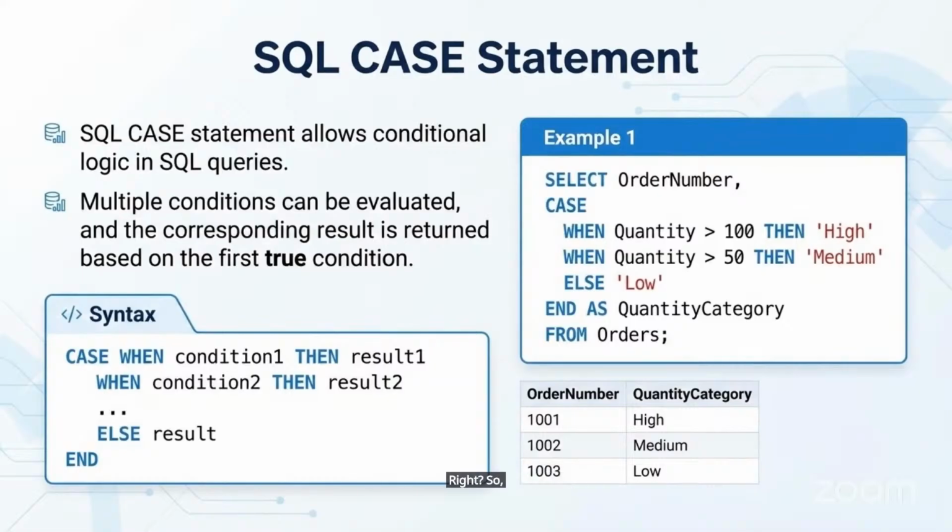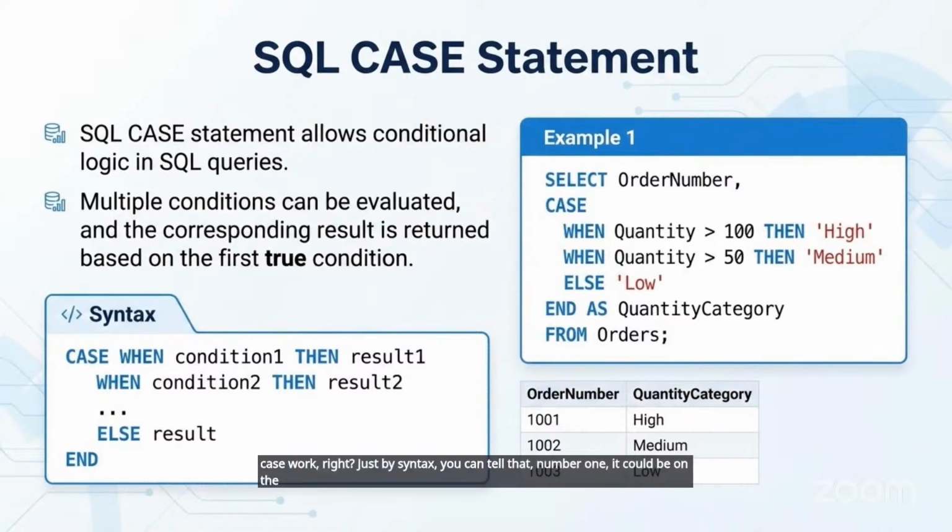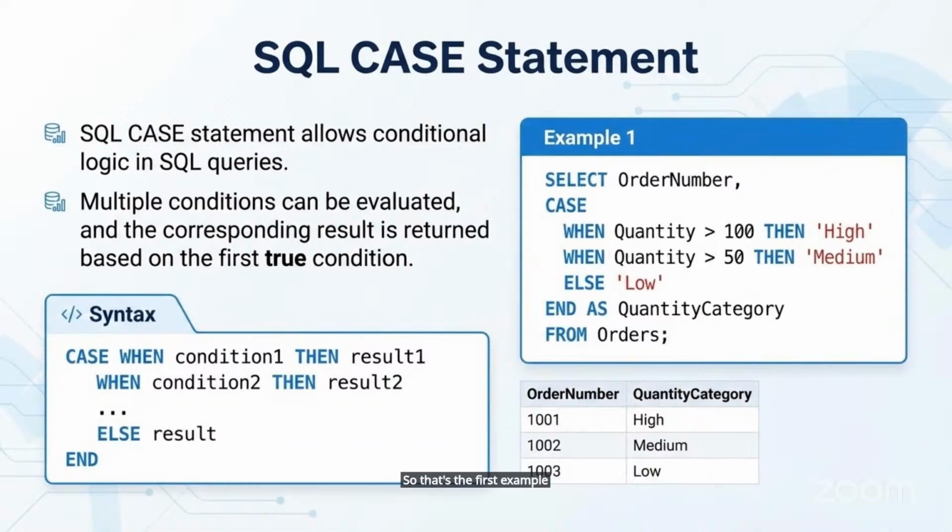So if it's more than 100 of that order, you want it to be high. If it's more than 50, it's medium. Else, it's low. So I don't think I need to go further explaining how case works, right? Just by syntax, you can tell that number one, it could be in the select clause. So that's the first example.